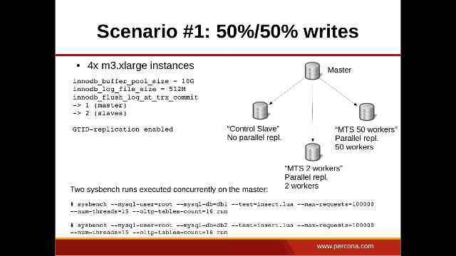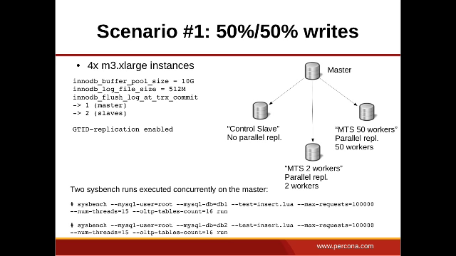For the test, I've used one master and then 3 slaves. The first slave is simply a single-thread slave, only here to have the baseline: what single-threaded replication can do compared to multi-threaded replication.